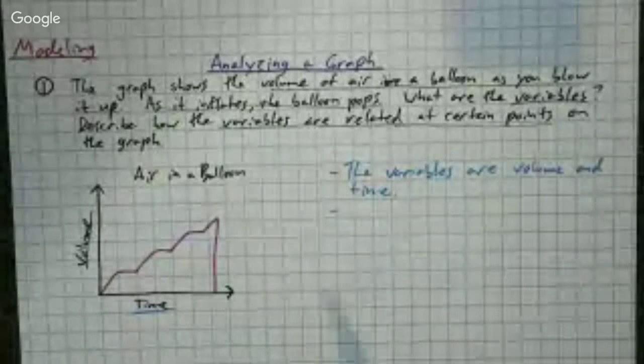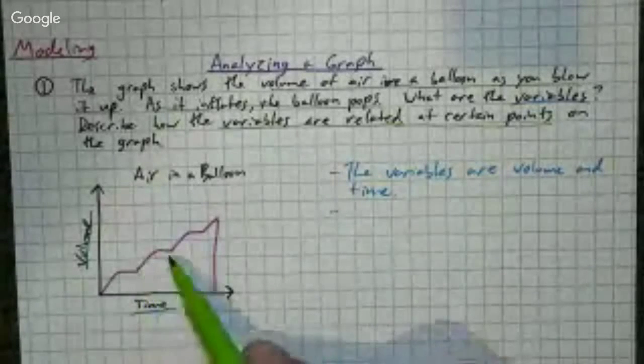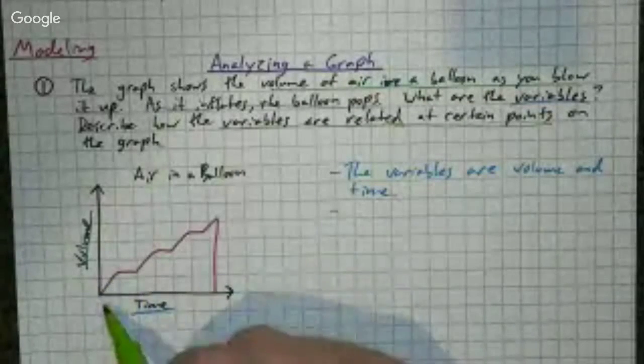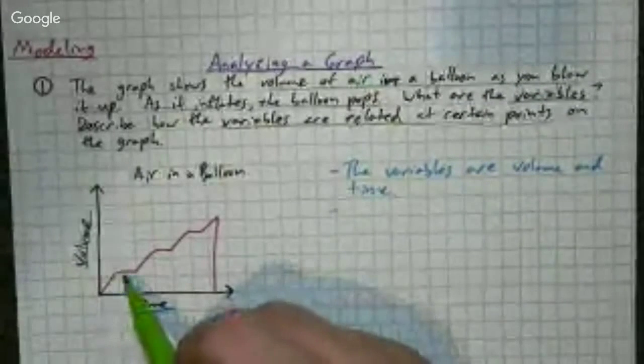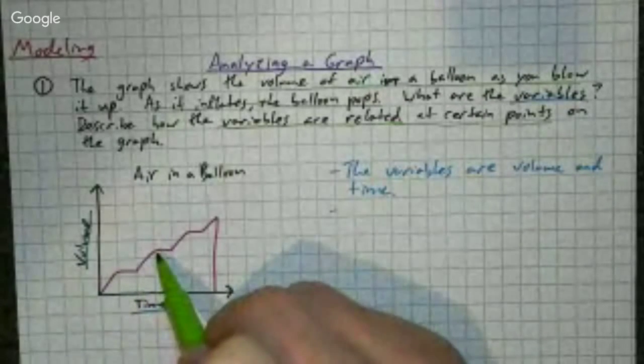So first of all, we're going to talk about what these things are, because these parts look the same each time. You can see that the volume increases as the time goes, and then the volume stops increasing, but the time continues to go. And then the volume increases again.